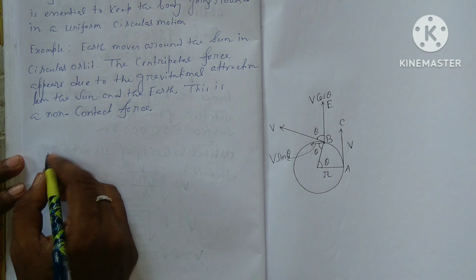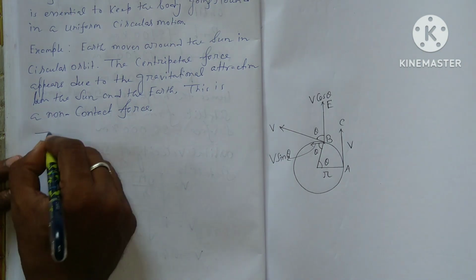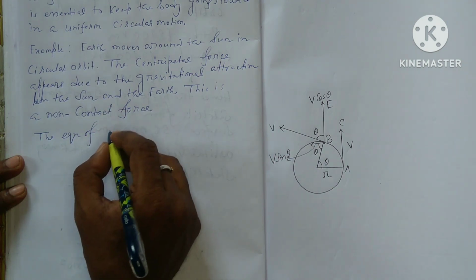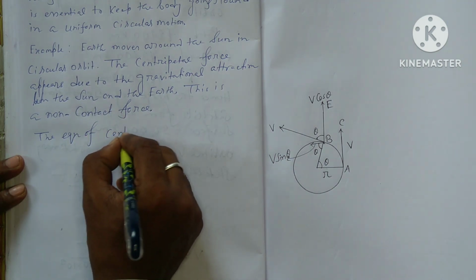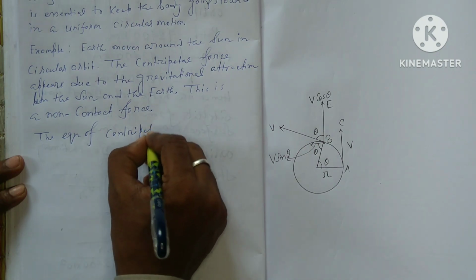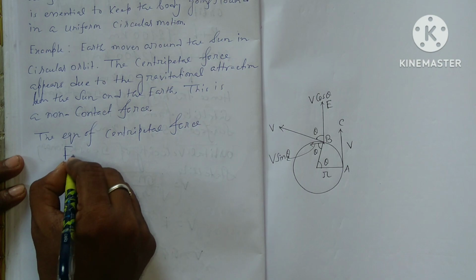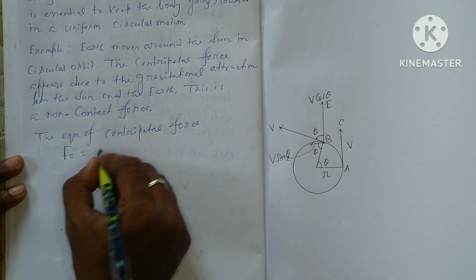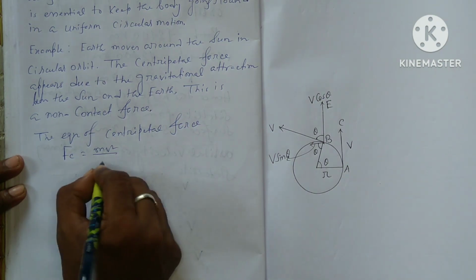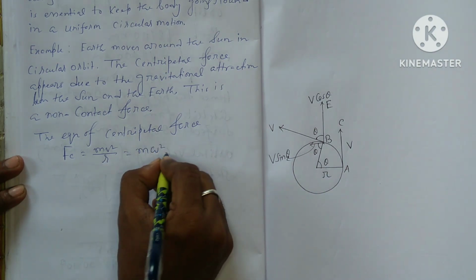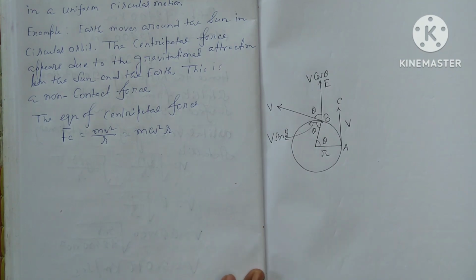The equation of centripetal force, that is Fc equal to mv square by r or m omega square r.